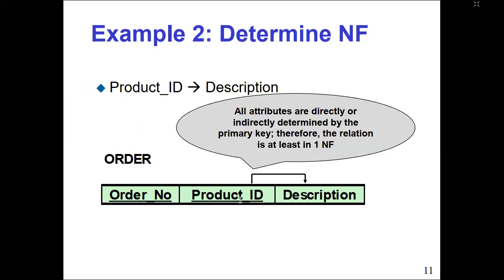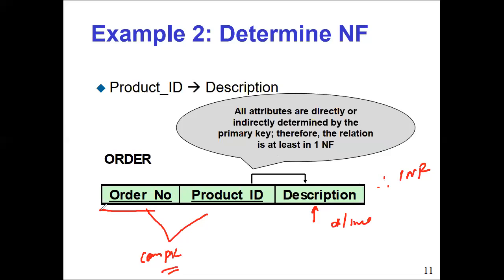Now you can see here product ID, description. In this example, see here, this is composite. You can see the underline. This is a composite primary key. Right. Now we have to think about whether this is 1NF or not. The attribute somehow directly or indirectly depends on the primary key.